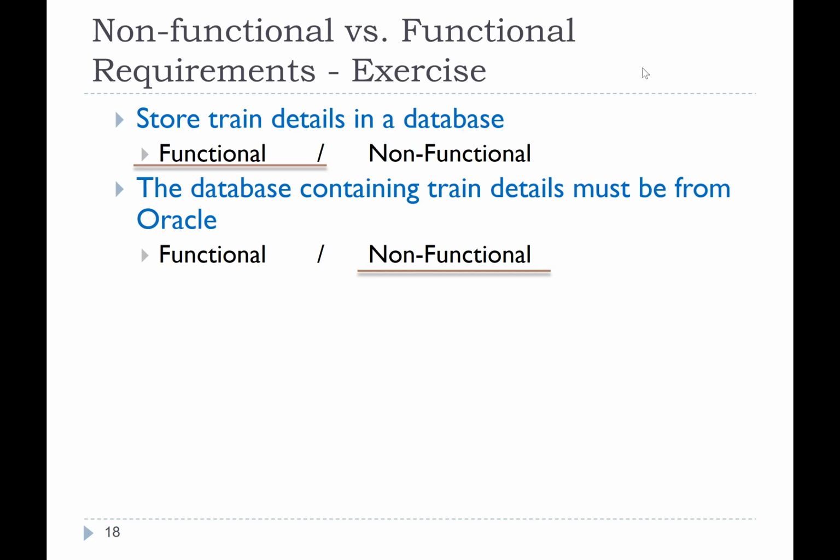When you sit down with the customer, what you listen to a lot of the time is the functional requirements. It's very rare that a customer would actually be explicitly aware of non-functional needs. You have to bring that up. And this is where our job comes in as requirements engineers.